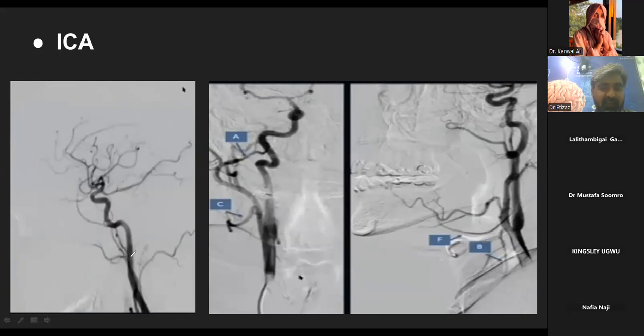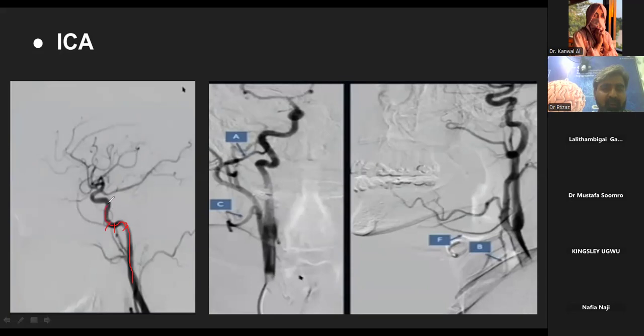This is the cervical part, or you can say the vertebral part. Then from here to here, this is the petrous part, the second part. This is the lacerum part, the third part, from here to here. The lacerum part is very short. Then you can say the cavernous part.